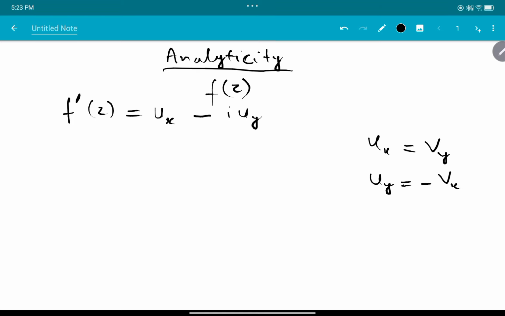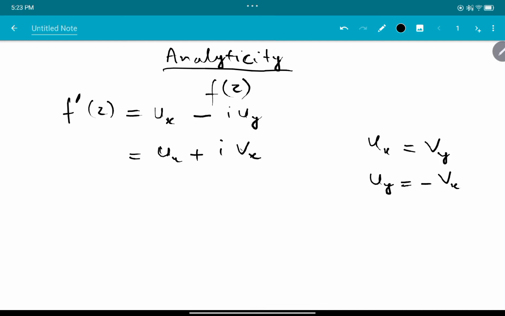If I replace uy by this, then I will get another expression: ux plus i vx.